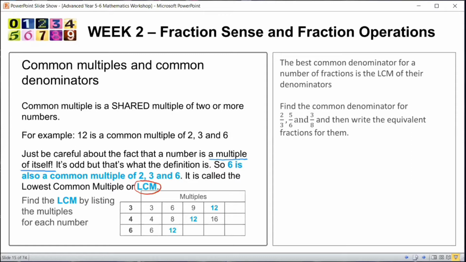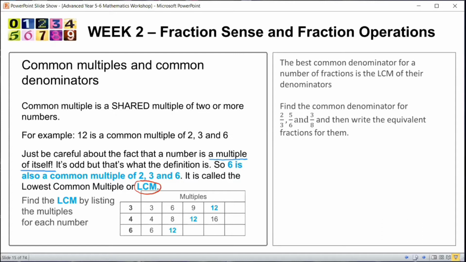All right, now when you try to find an LCM, if the numbers are small, here I'll have an example. You have 3, 4, and 6. It's pretty easy. All you need to do is write them down. So we got 3, 6, 9, and 12. And then for 4, you got 4, 8, 12, and 16.